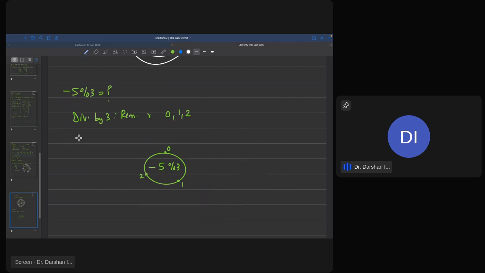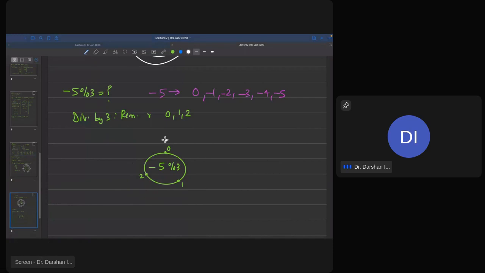If the number is negative, I will be going anti-clockwise. So if you recall, the number is minus 5: 0, minus 1, minus 2, minus 3, minus 4, minus 5. Let's start from here.